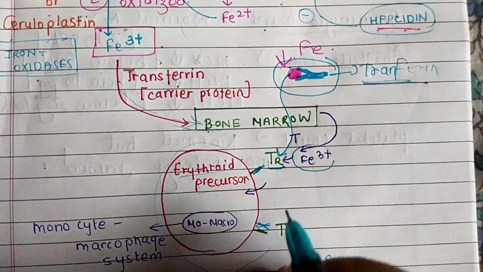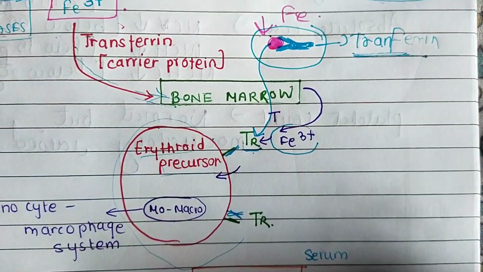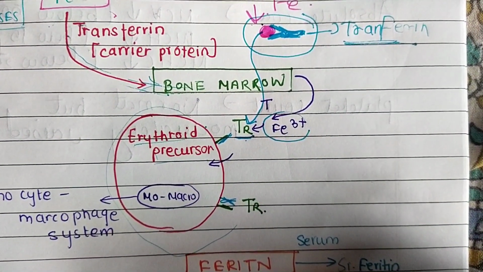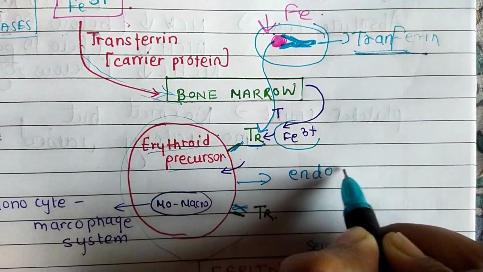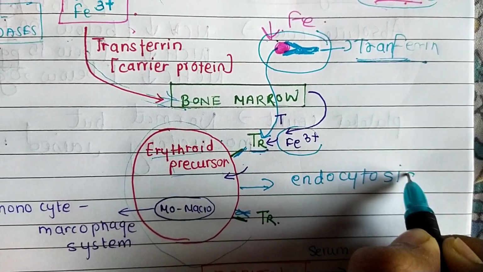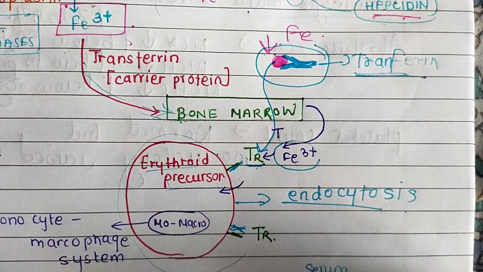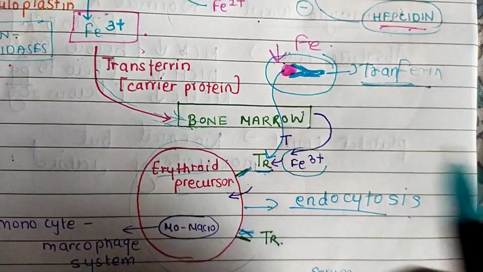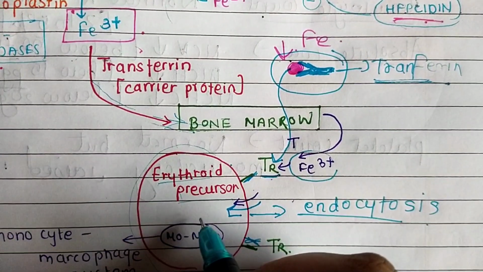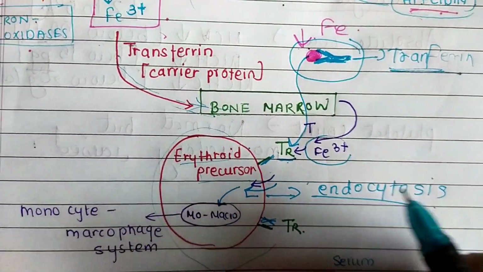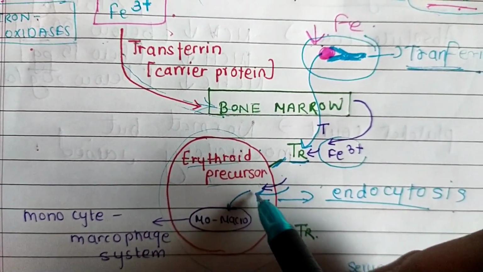Once this transferrin receptor has taken up the iron, this iron, by means of endocytosis, what is endocytosis? Something that takes in, something that is taken into the cell. So there is entry of this iron into the monocyte macrophage system, where the iron enters and is stored.